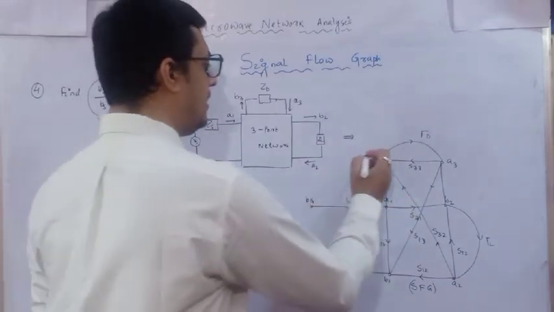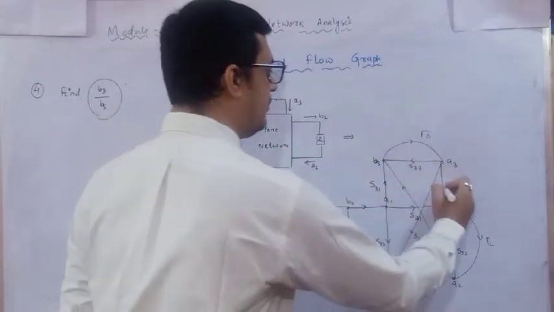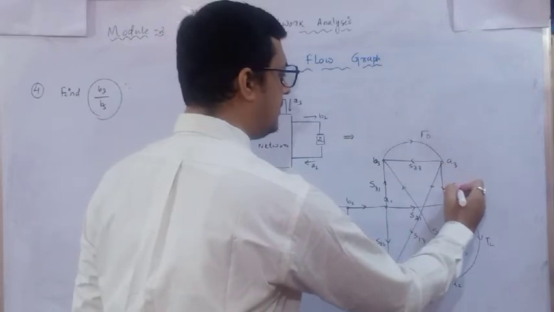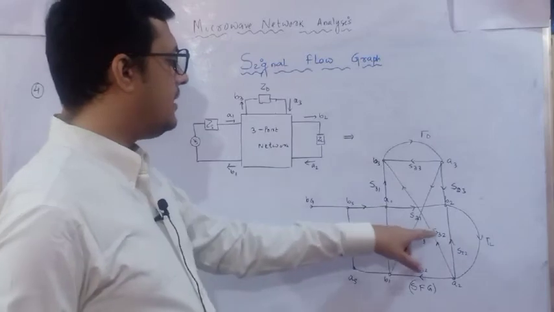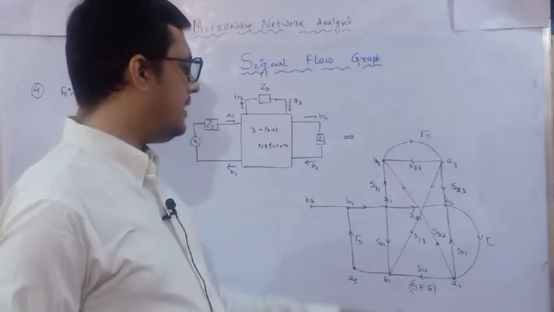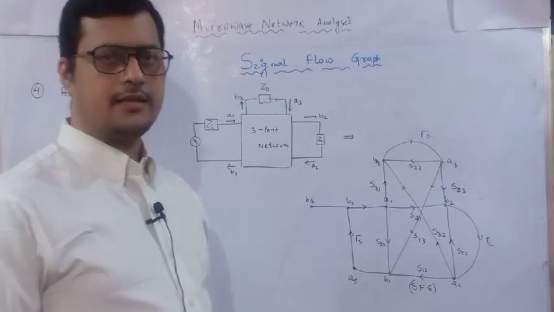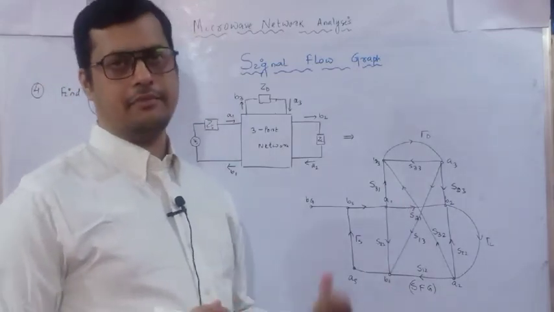B3 to A3 is S33. Then A3 to B2 is S23. Similarly with respect to A2 and B3, and with respect to A3 and B1. So these are the links or branches through which we can identify the relation.